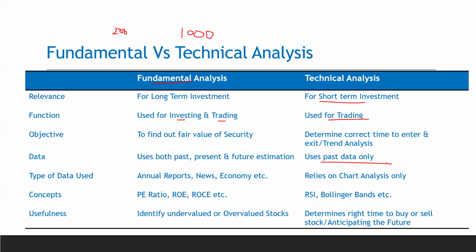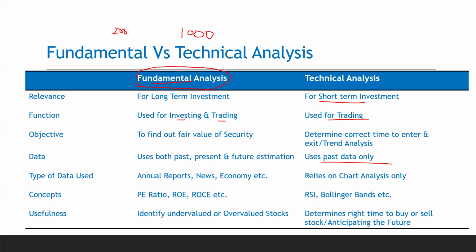And fundamentally, you use things like the annual report, what is happening in the economy, what if Donald Trump increases the tariff, right? All those things will come under fundamental analysis of a stock. Technical, majorly it's chart. Simple.